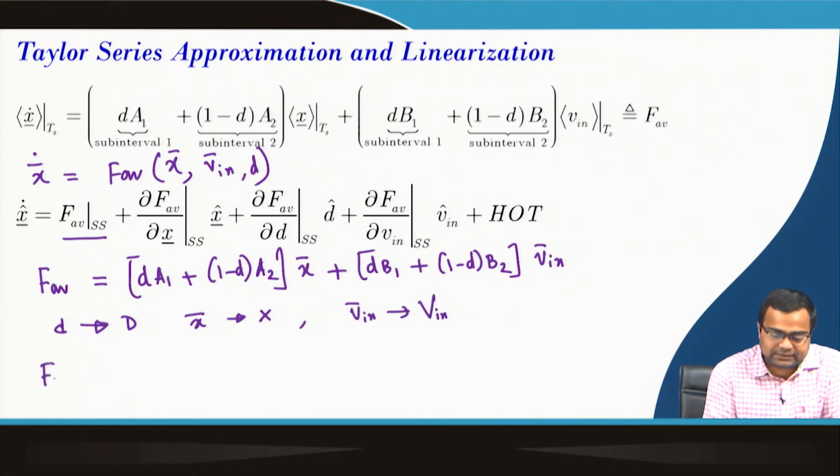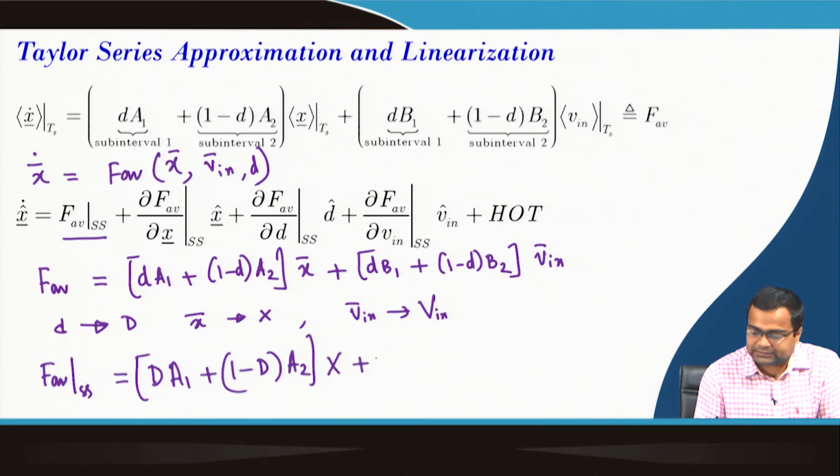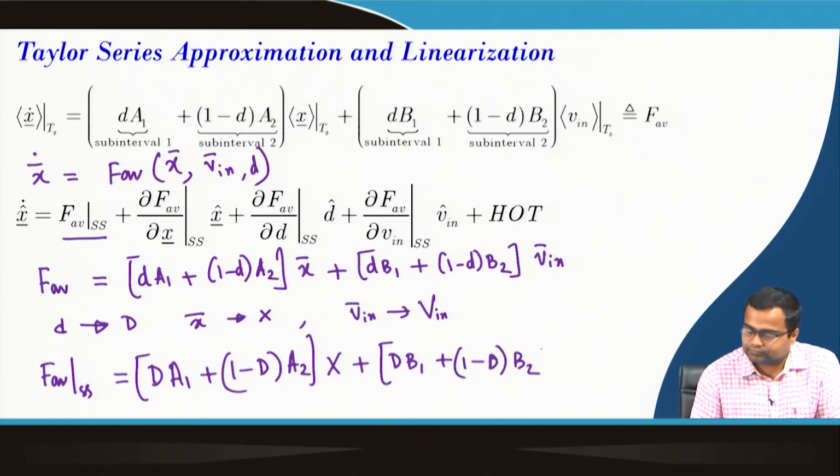That means F average under steady state should be equal to what? Capital D A1 plus 1 minus D A2, times X, plus D B1 plus 1 minus D B2, times V in.